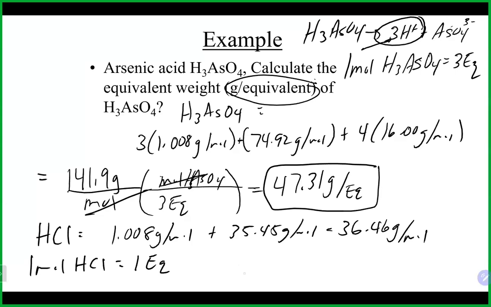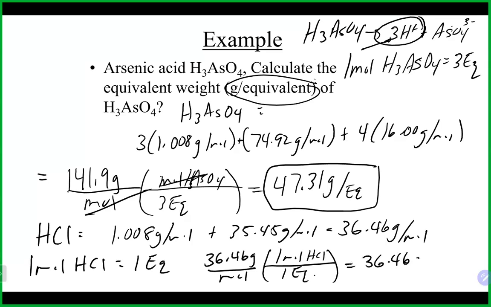So if I take my 36.46 grams per mole and use my conversion of 1 mole of HCl is 1 equivalent, I end up with 36.46 grams per equivalent. The equivalent weight and the molar mass are the same because it's a 1-to-1 relationship. So it can happen that the molar mass and the equivalent weight will be the same if it is monoprotic, has 1 hydrogen, or 1 hydroxide, for example, if it's a base, to give.